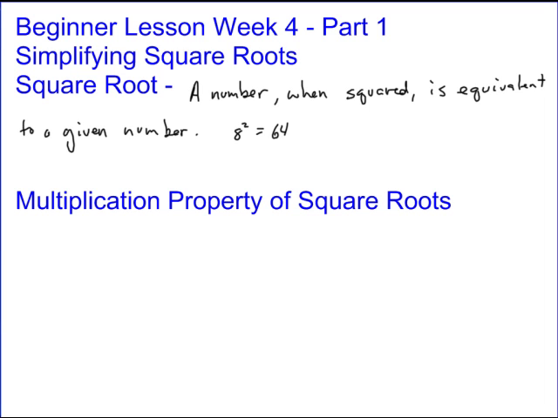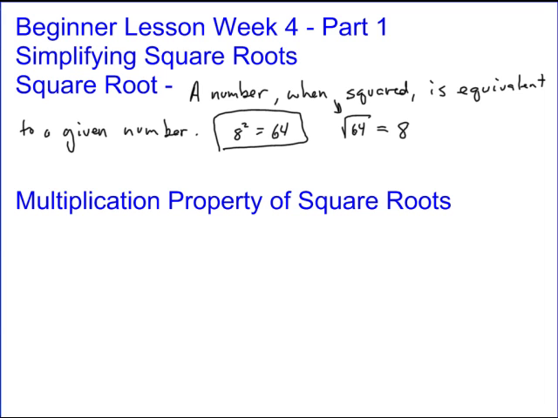Now the way that I denote this, when we talk about the math, we're going to say square root of 64 equals, so this symbol right here asks you the question, what number times itself equals 64? Well, we know the answer to that because of what I just said, 8. So the square root of 64 equals 8.